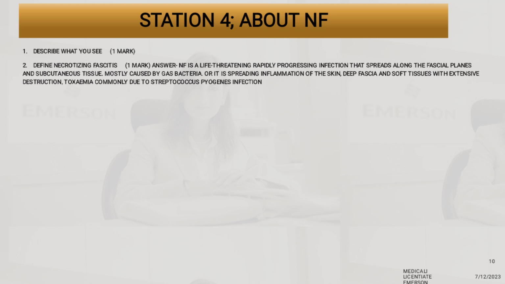But in most of my research, they mention a cause, which is group A streptococcus. It can also be defined as a spreading inflammation of the skin, deep fascia, and soft tissues with intensive destruction, commonly due to streptococcus infection.